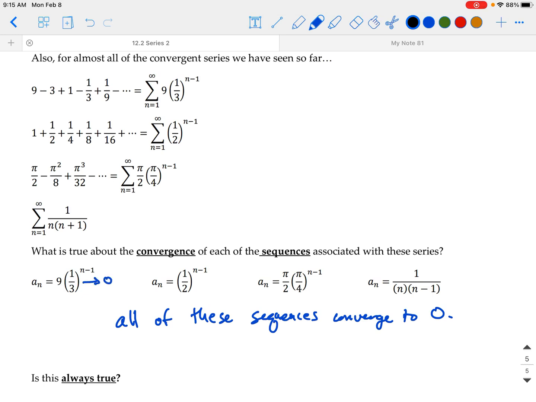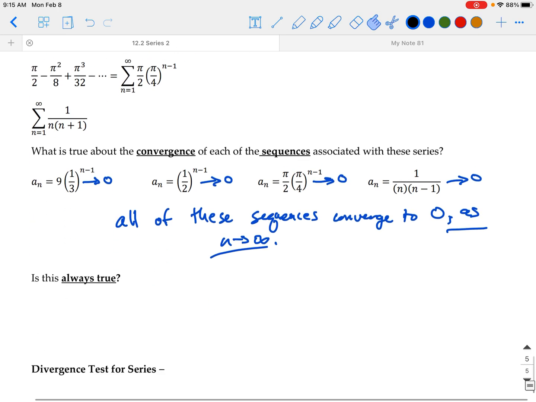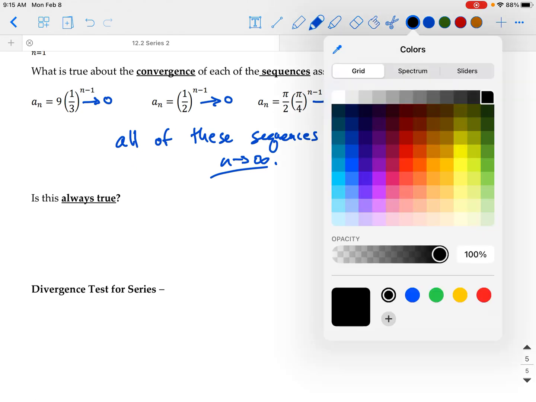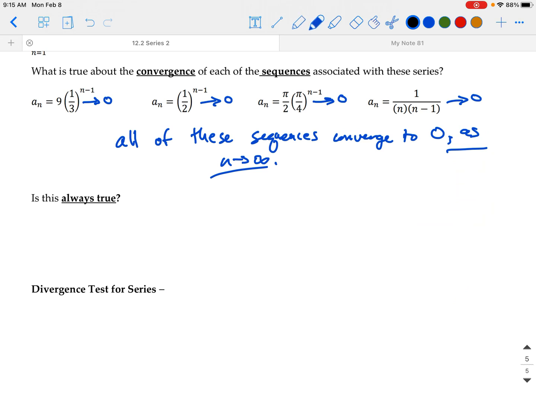Right, so this goes to 0, this goes to 0, this goes to 0, this goes to 0, as n goes to infinity, of course. So the question is, is this always true? Is it always true that the sequences of our series, not the partial sums, but the sequences themselves that we're adding the terms of, will converge to 0?